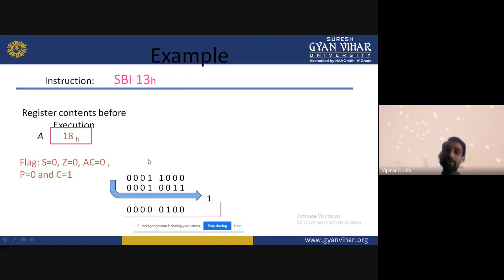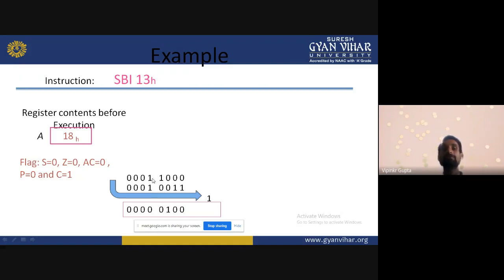Now we are not taking any borrow from this side. If we take a borrow from this bit, then the auxiliary carry value will be 1. But we are not taking it, because 1 minus 1 is 0.